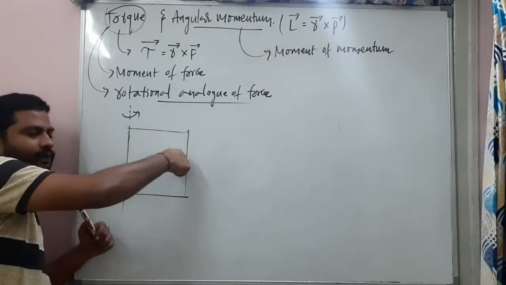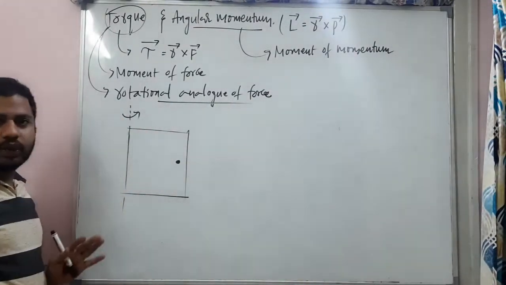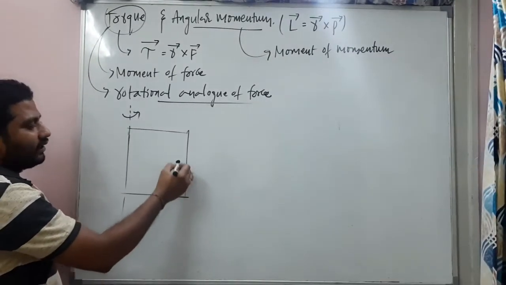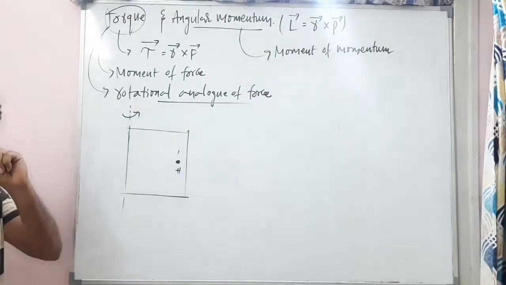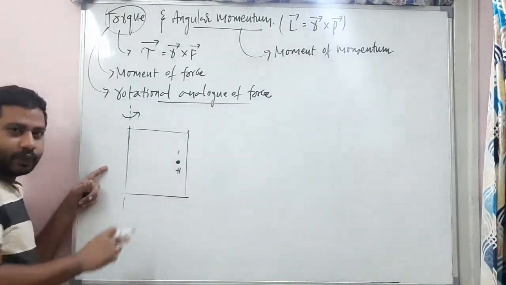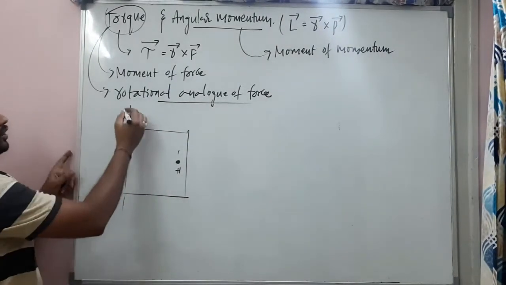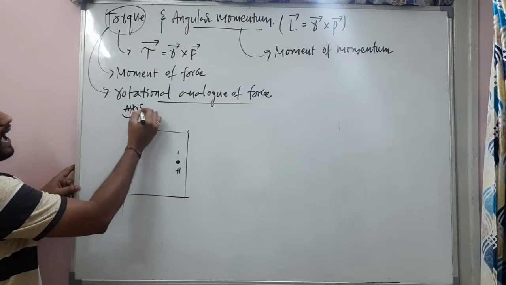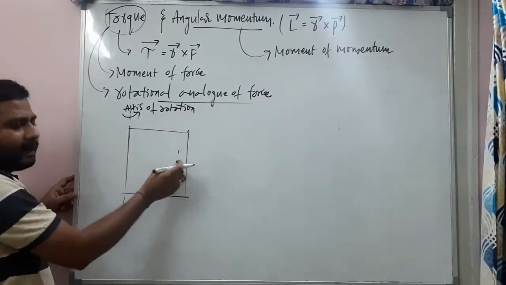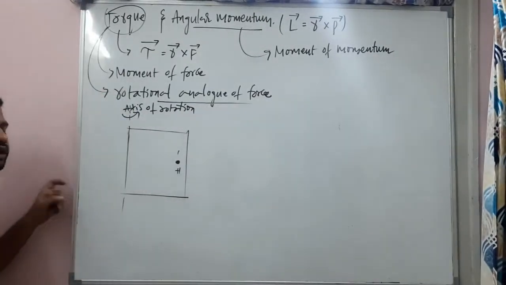Generally the handle will not be kept near the hinge. The handle will be kept far away from the axis of rotation. So this is the first position of the handle, and this is the axis of rotation.